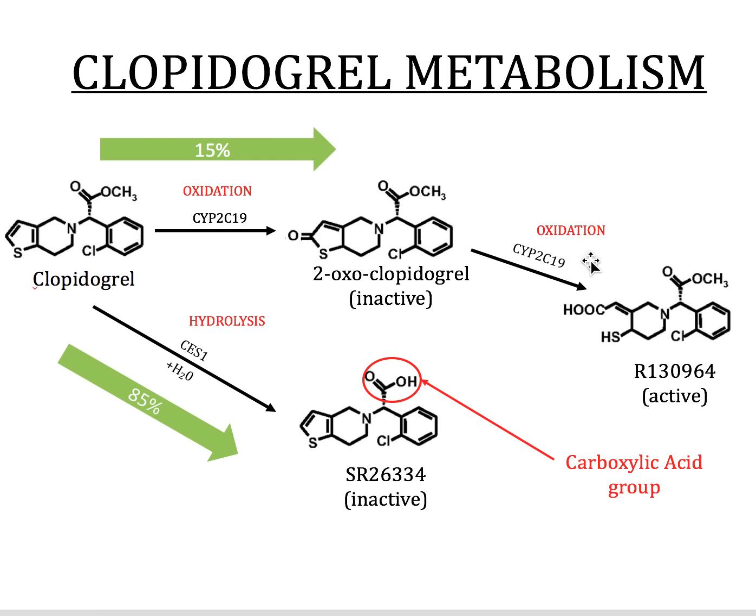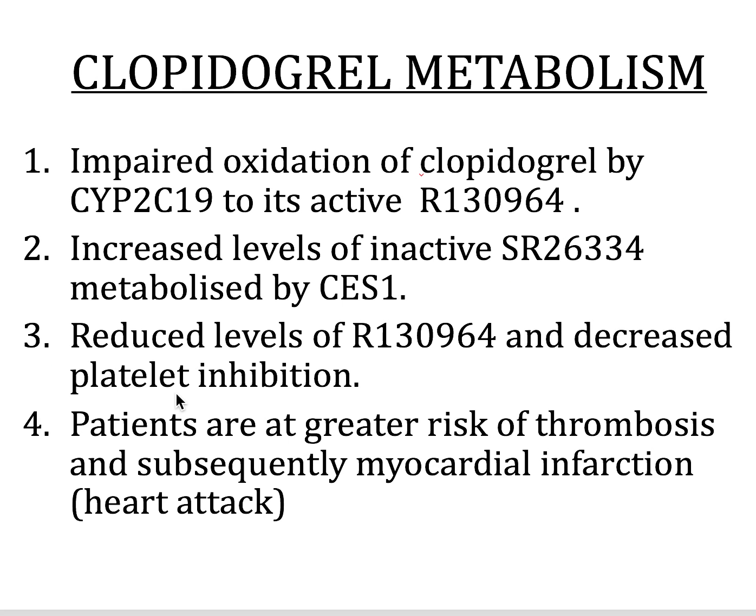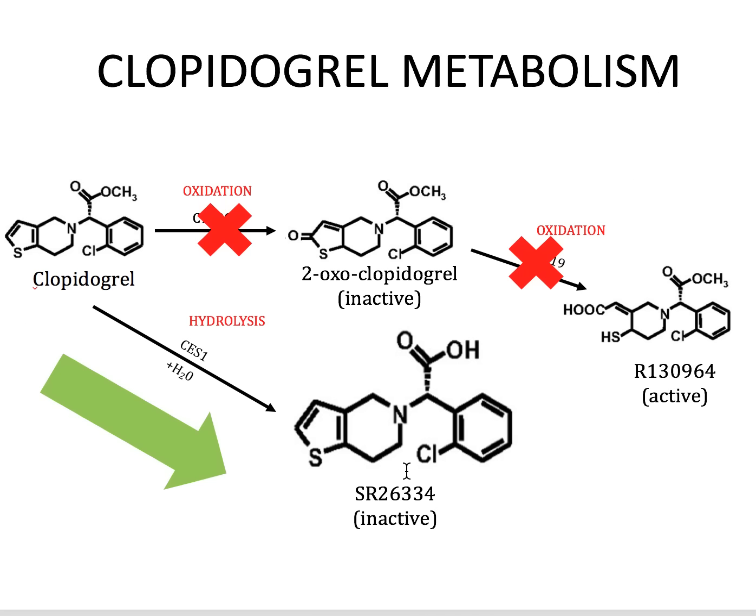From there it gets oxidized again to the active form, R13, but the SR26334 is the inactive version, so hydrolysis takes place. You can't have too much clopidogrel, which is an antiplatelet drug. Reduced levels of R13 mean the patients are at a greater risk of thrombosis.